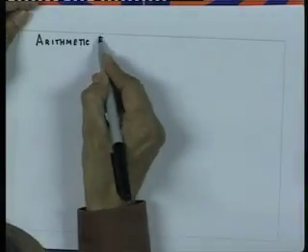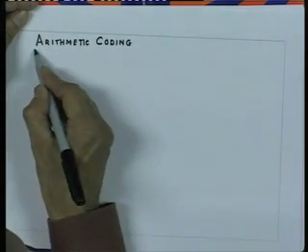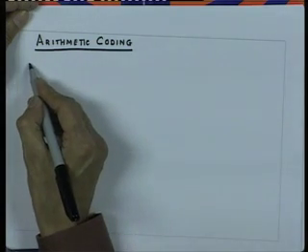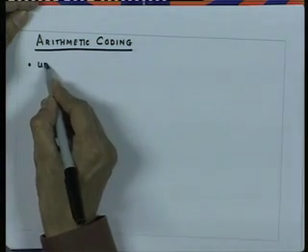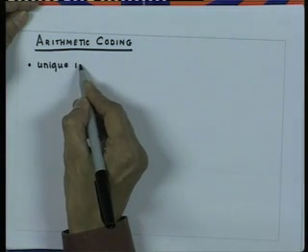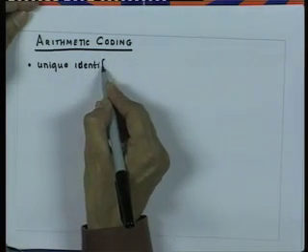Let us have a look at the basics of arithmetic coding. In arithmetic coding, a unique identifier or a tag is generated for the sequence to be encoded.